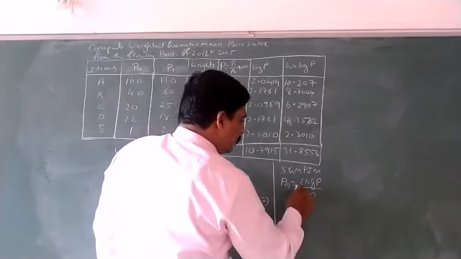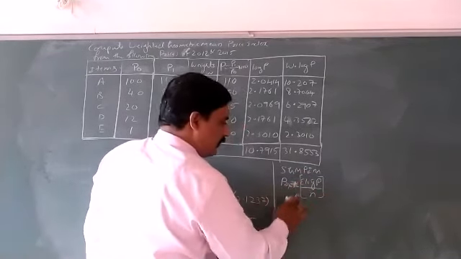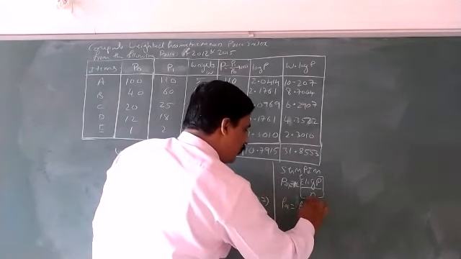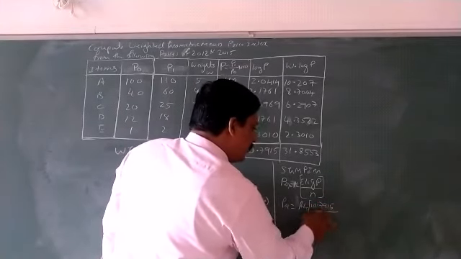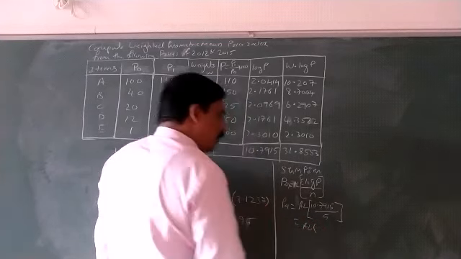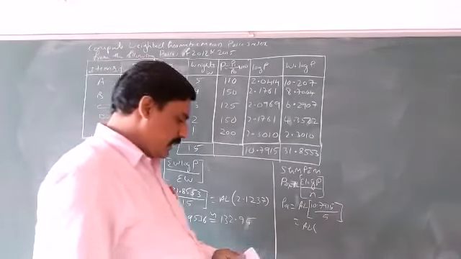So P01 is equal to antilog of 10.7915 divided by 5.